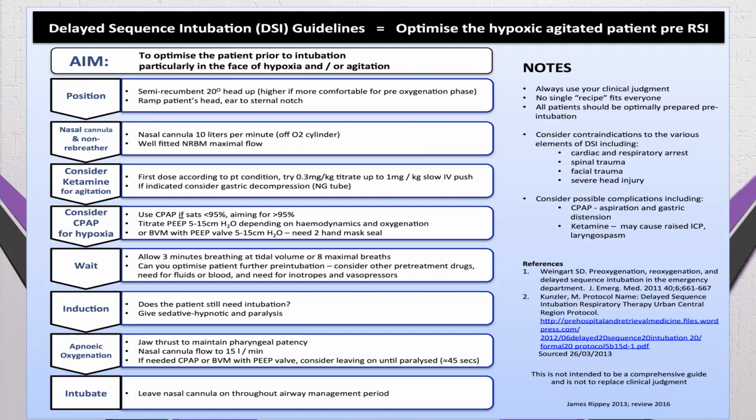And we understand the difference between delayed sequence intubation and rapid sequence intubation. Our aim, as I said, is to optimize the patient pre-intubation, particularly in hypoxic or agitated patients. First, position your patient in a semi-recumbent position, 20-degree head-up.